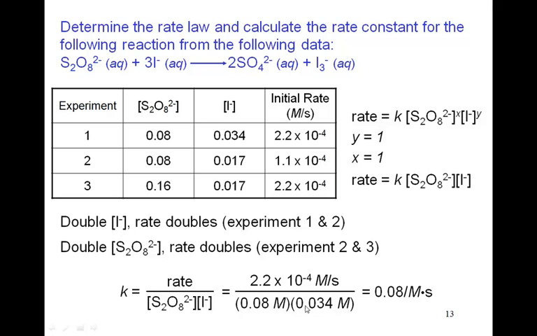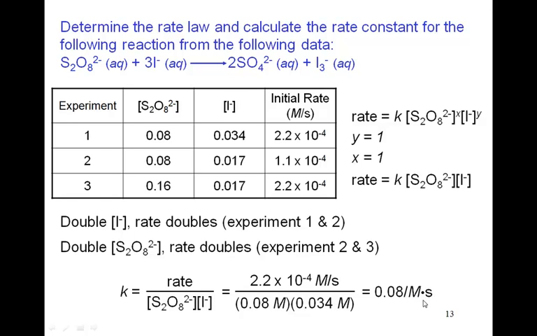Since there are 2 M's on the bottom and we take 1 away, 2 minus 1 is 1, so this becomes M to the minus 1 power. And of course the time is just brought down, so it becomes M times s. So it's 0.08 divided by M times s, or M to the minus 1, s to the minus 1.